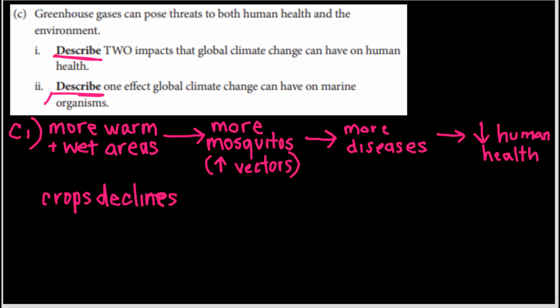Or since our weather patterns are changing, these areas might not get the water they need or whatever. So the crops are going to decline, which means we have less food, which means we're probably going to have more malnutrition.